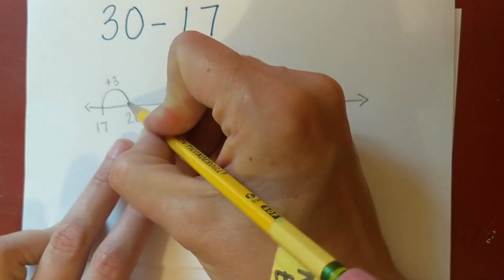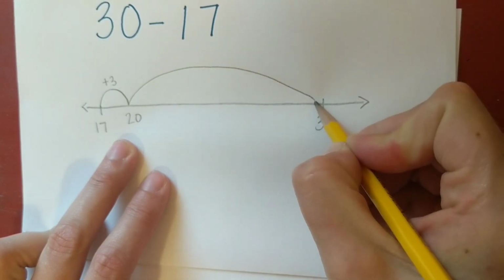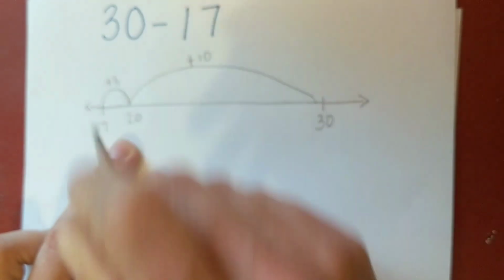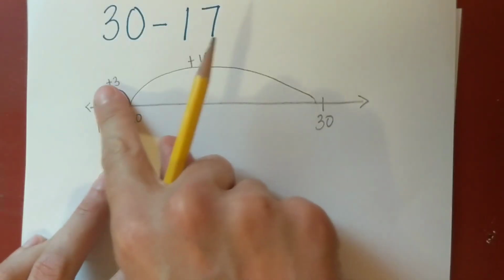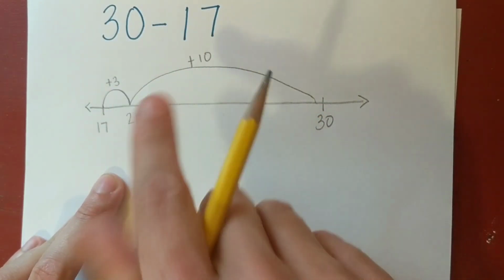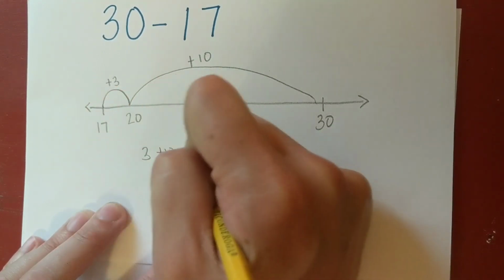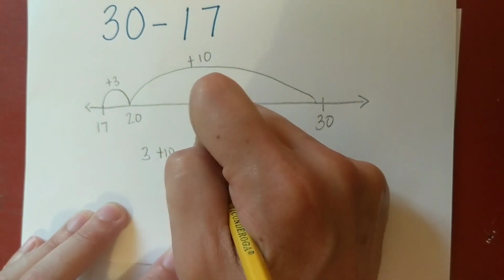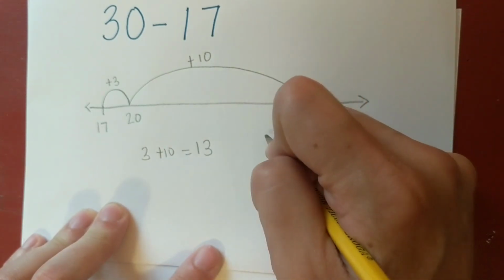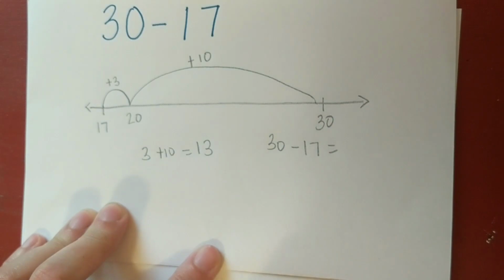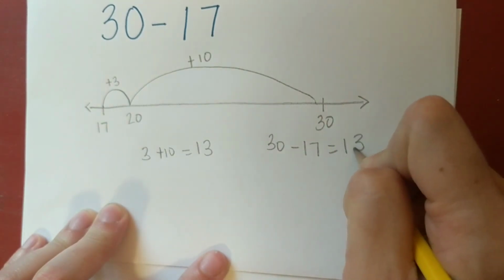So I know if I add 10 more to 20, I get to 30. So remember, I need to add the jumps up here together. 3 plus 10 equals 13. So that means that 30 minus 17 equals 13.